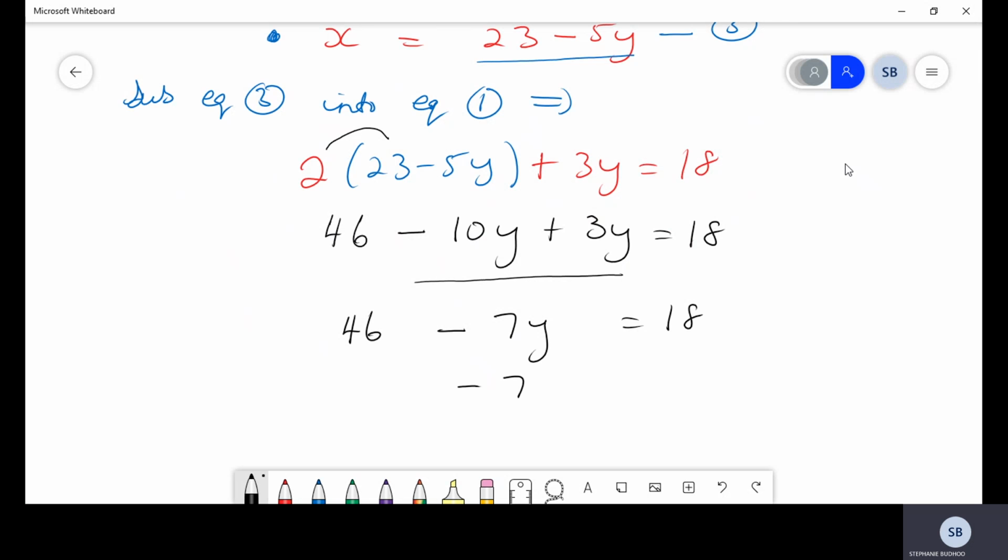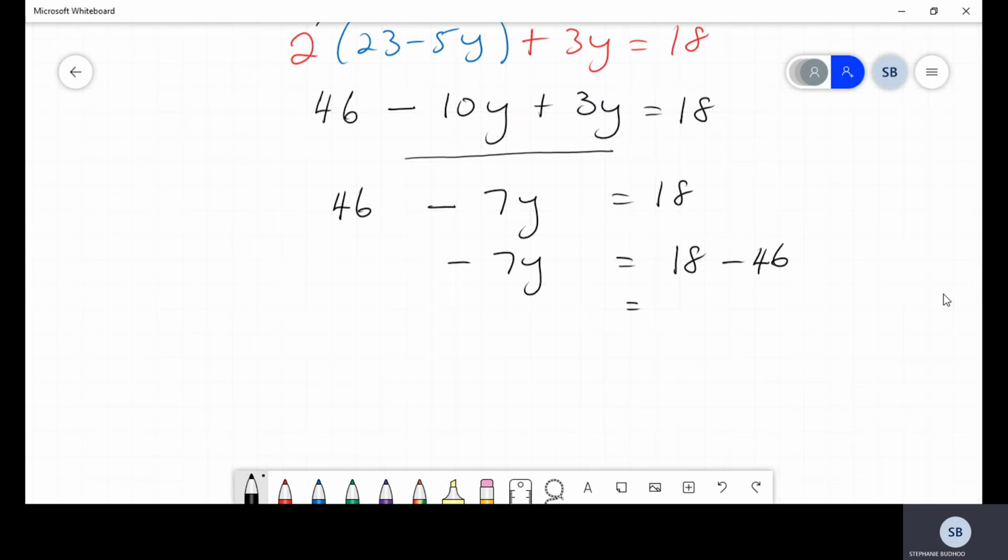Then I'm going to get negative 7y equals, and I'm going to subtract 46 from both sides. And I'm going to use a bit of my calculator here. 18 subtract 46 gives us negative 28. So we're going to get negative 28 on the right-hand side and negative 7y.